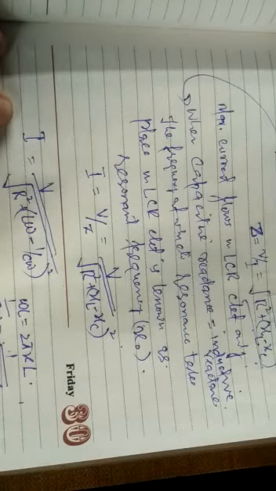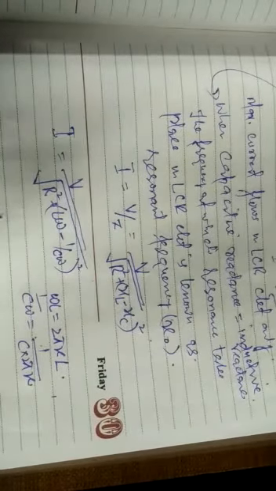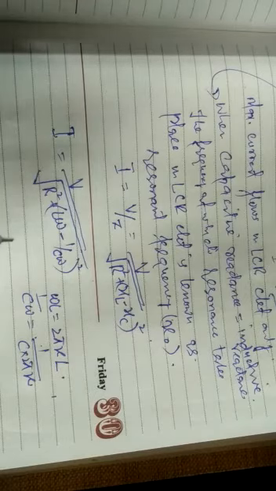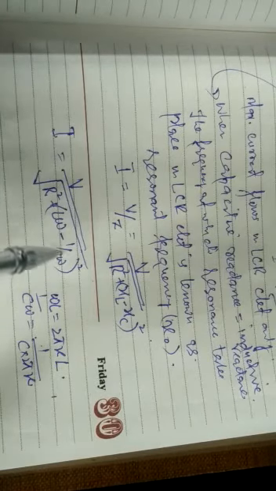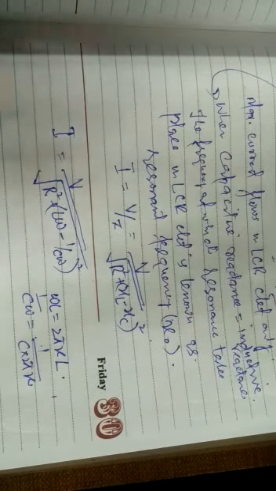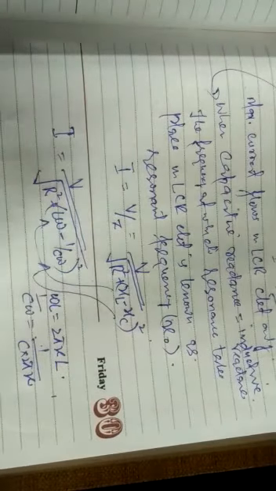You have to remember again and again that once resonance takes place, these two terms are definitely equal, that is XL is equal to XC. Now we have utilized the values of XC and XL.